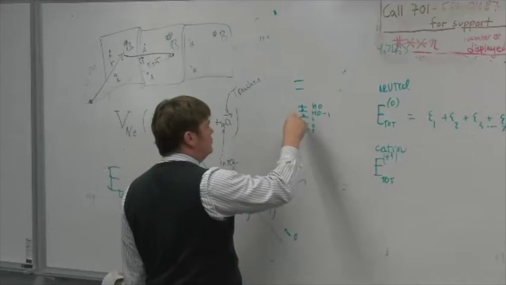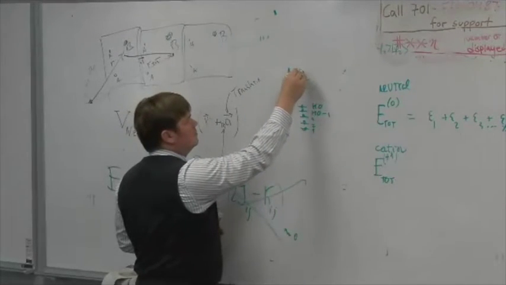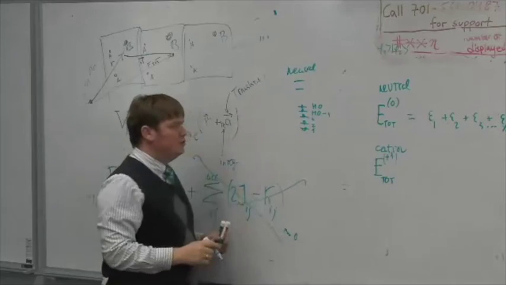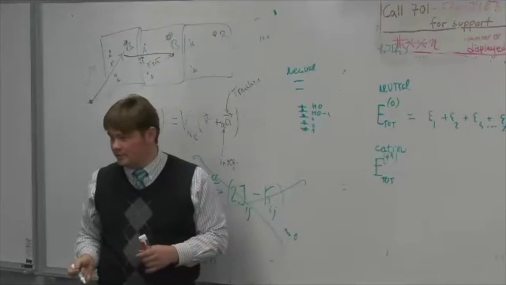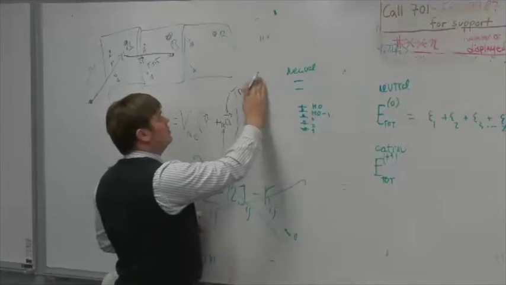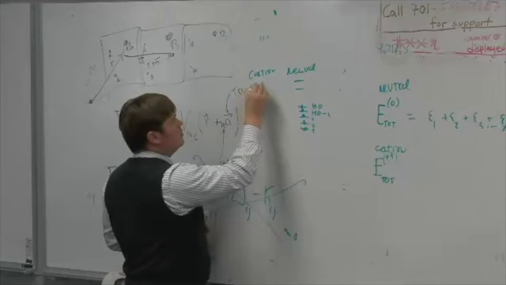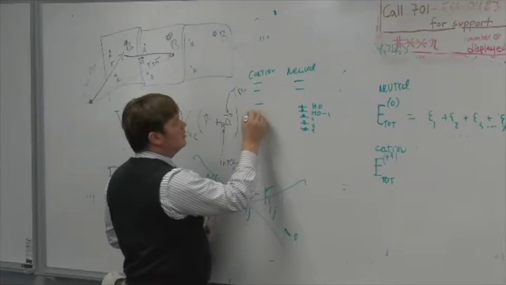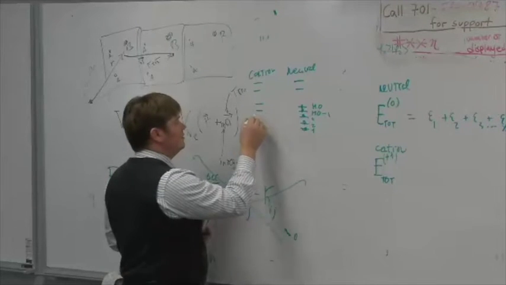So for neutral, we do have electrons on all orbitals, and we add together all their energies. Now, if you do have a cation, we remove one electron.